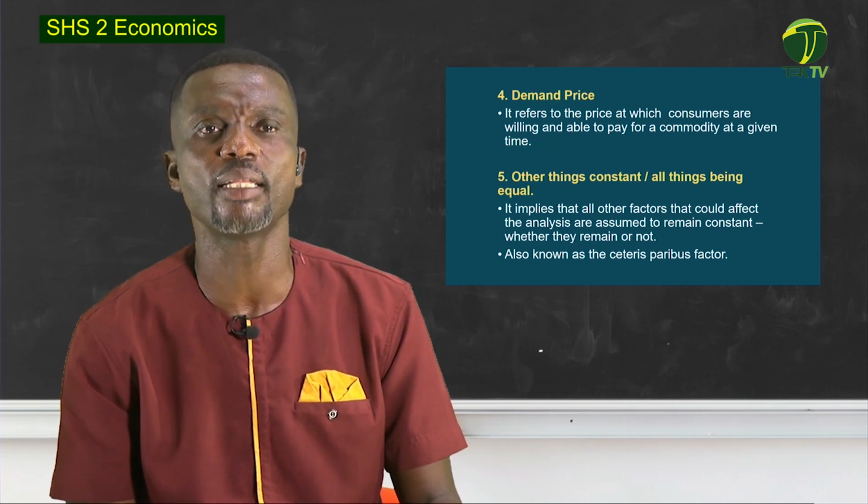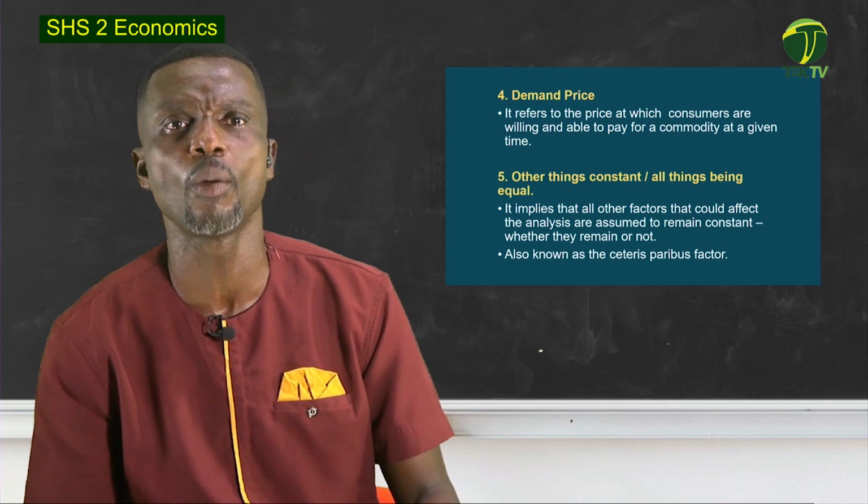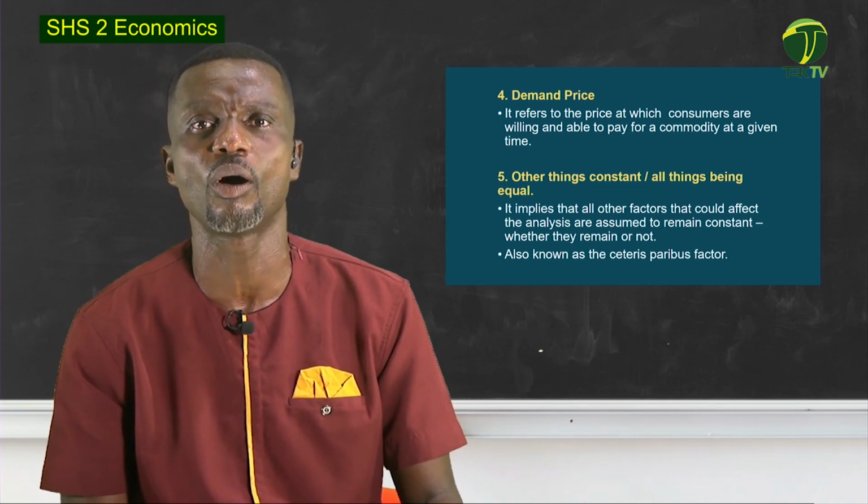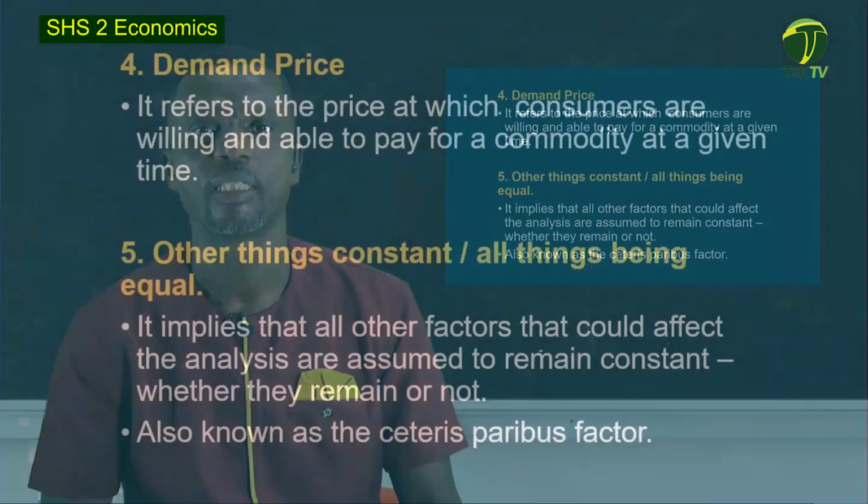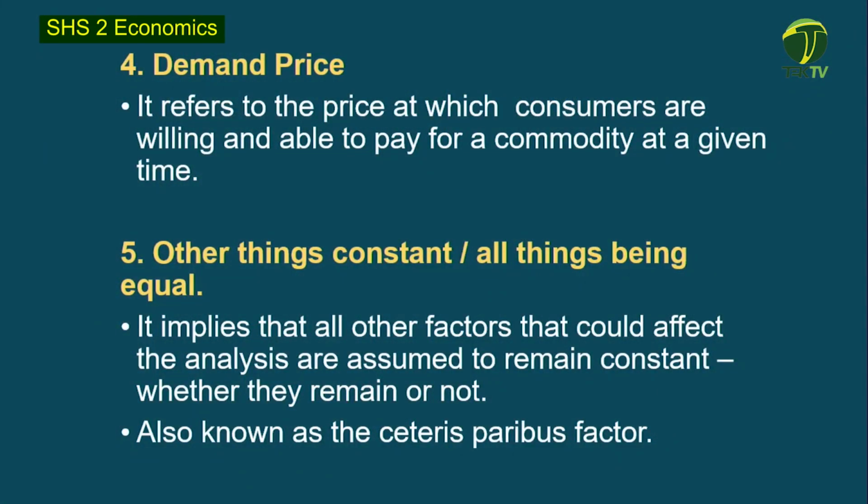Okay. Then we also have a terminology we normally call other things constant, or all things being equal. This is an assumption we always make, and it is going to be a major feature of the things we are going to do from now on. When we say other things being equal, it implies that all other factors that could affect the analysis are assumed to remain constant.